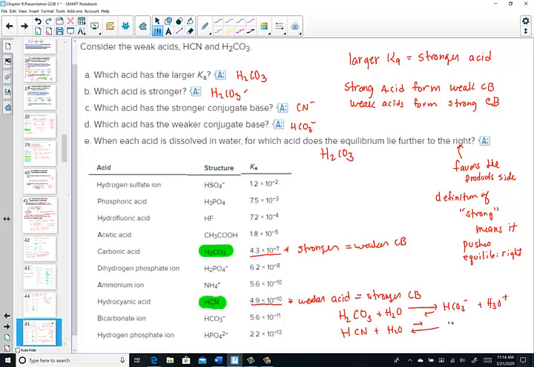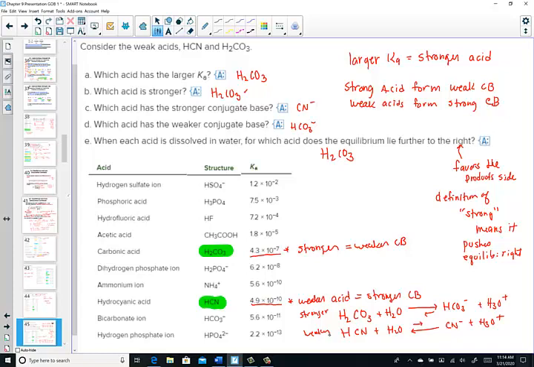So I'm just emphasizing what strong versus weak means. The stronger acids favor the right side. The weaker the acid, the left side is being favored. So for the stronger H2CO3, the equilibrium is lying further to the right than for a weaker acid.